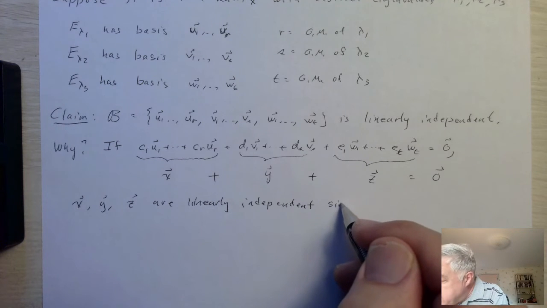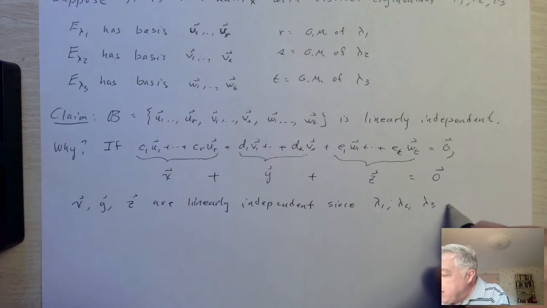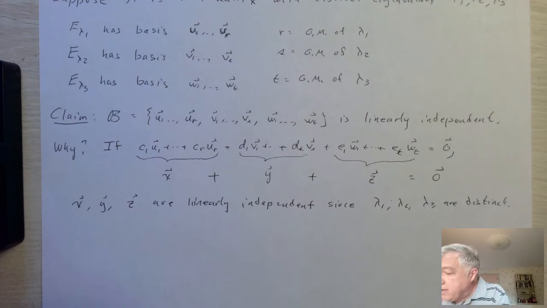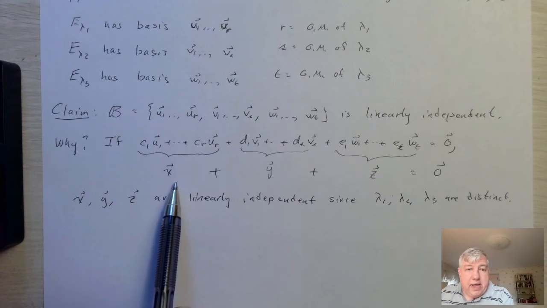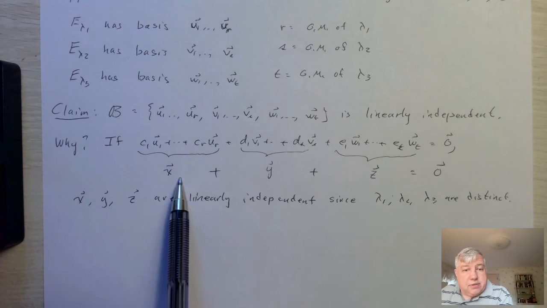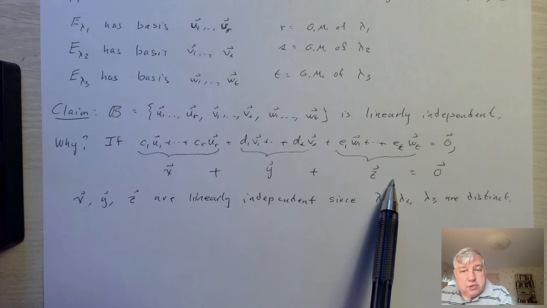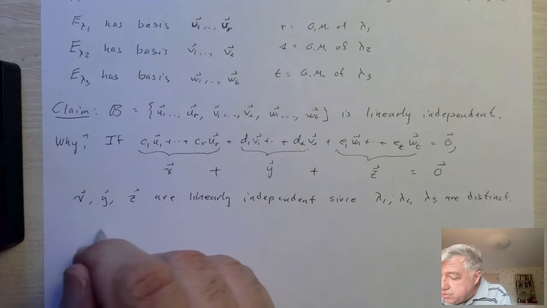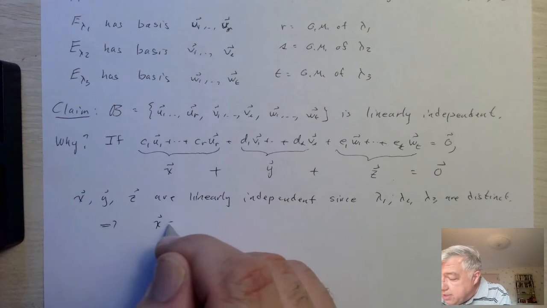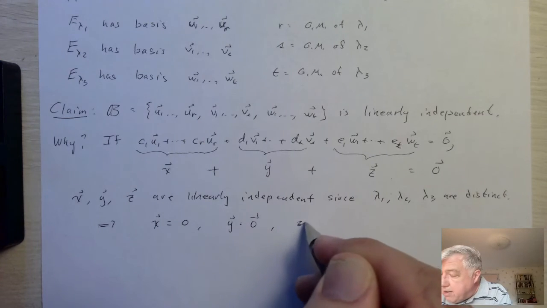If they're linearly independent, the only way this sum can hold is if all of them are 0. So x equals 0, y equals 0, and z equals 0.